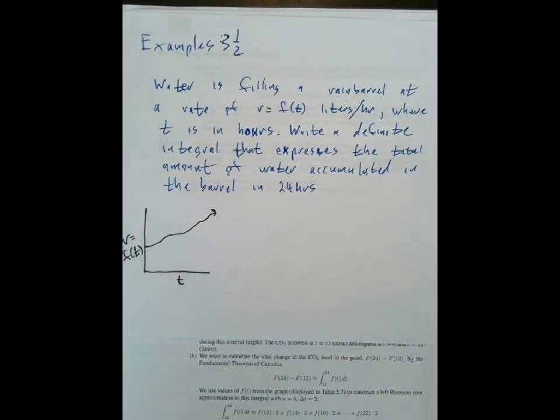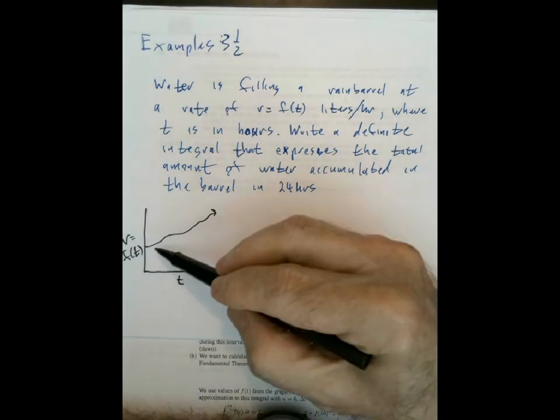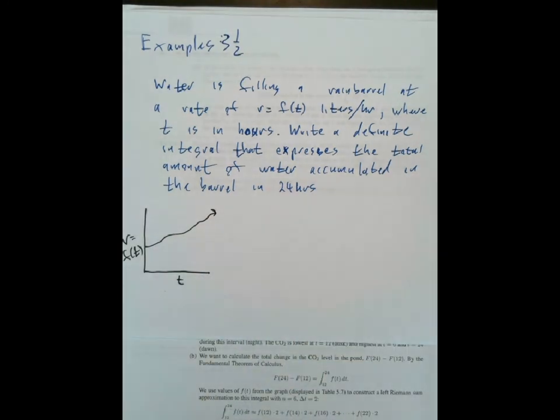We don't know if the rainfall is constant, but unless water is leaking out of the barrel, the amount of water is not decreasing. Water is not flying back up into the sky, so R is never going to be negative. So that's going to be an upward slope like that somehow.